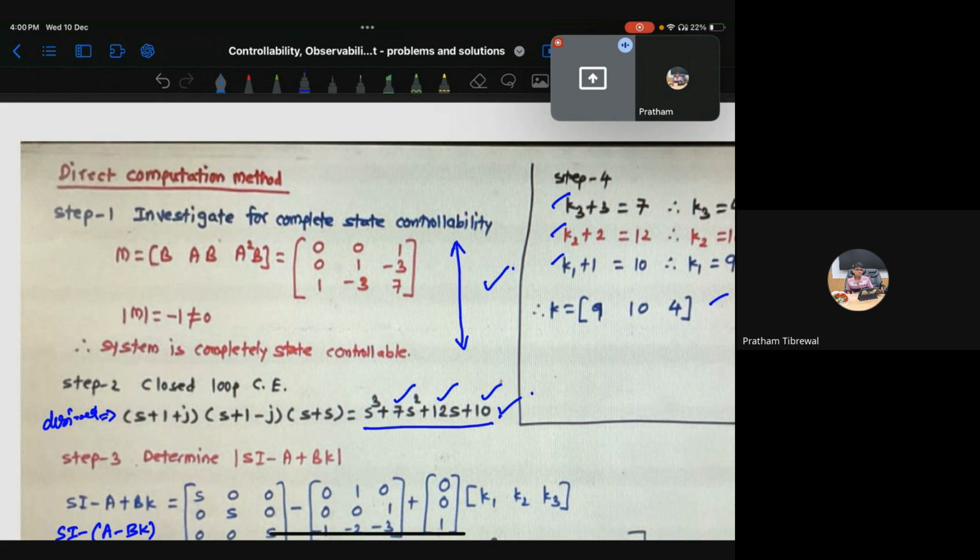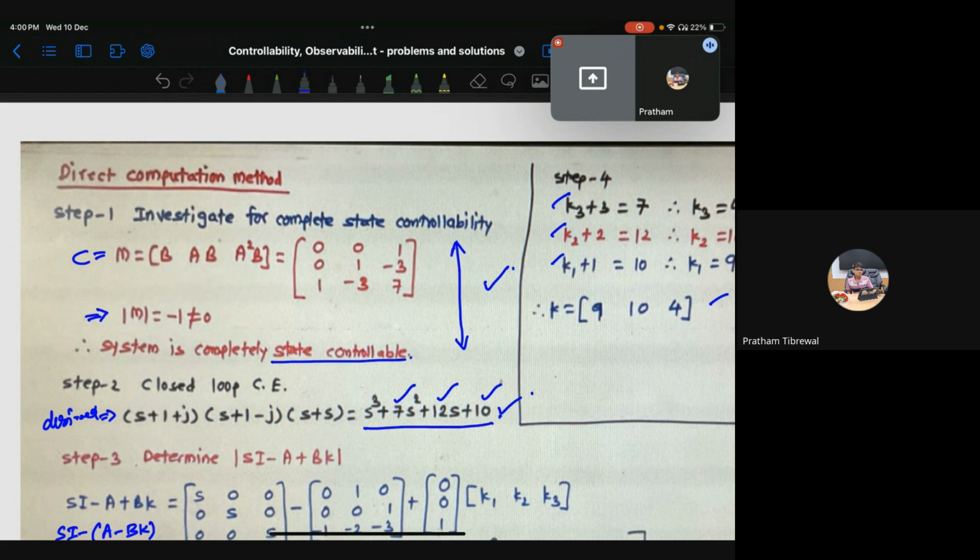You have to consider this controllability matrix B, AB, A square B, and make sure it has to be controllable. It means that it needs to have full rank, the determinant has to be a non-zero value. Then only we can say the system is completely controllable.